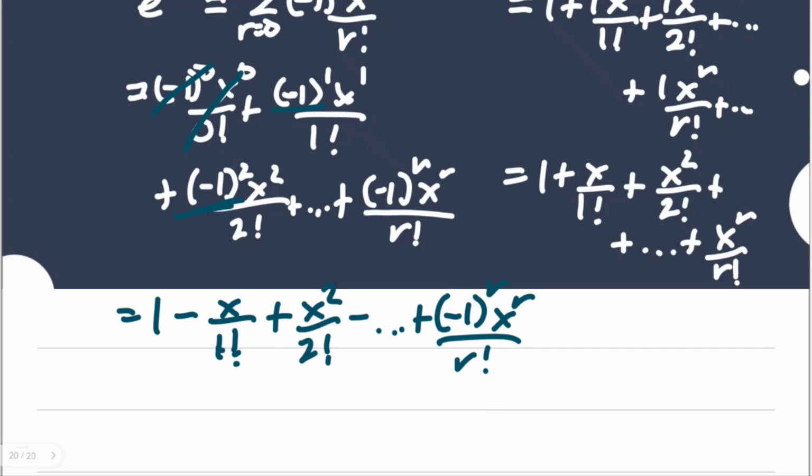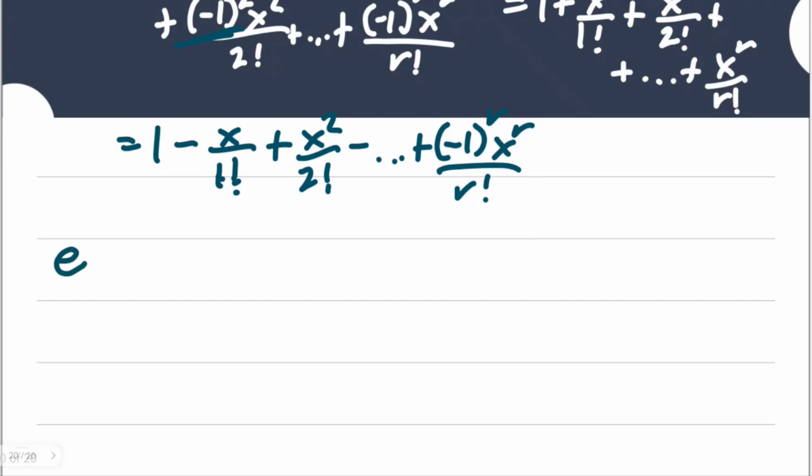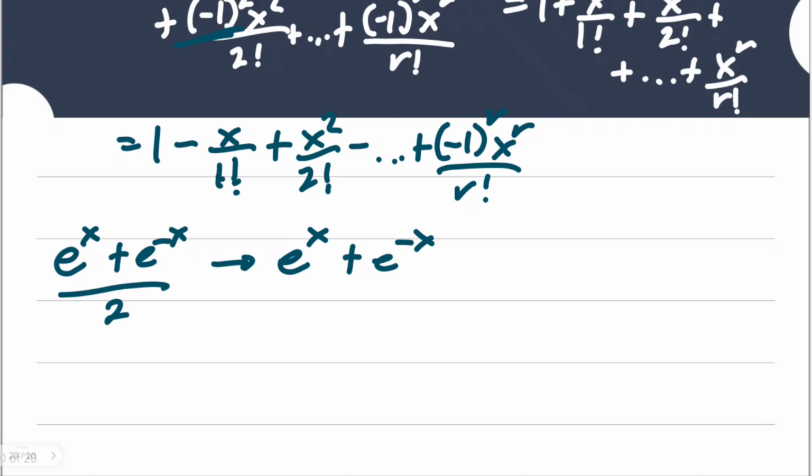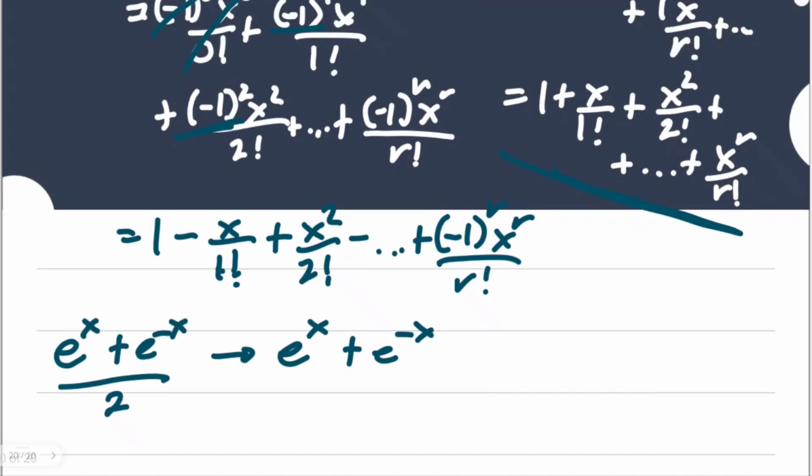So with this now in mind, take note that our notation is e to the power of x plus e to the power of negative x, and then dividing into 2. Just for the numerator alone, e to the power of x plus e to the power of negative x will have this set plus this set.